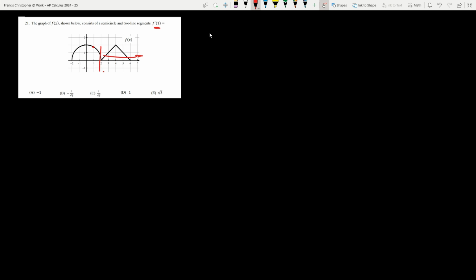And the other thing is, we don't actually know, well, we do, but it doesn't give us the explicit or implicit equation for f of x, so we need to find that out on our own. If you notice this is a semicircle, we can actually just find the equation for the total circle, which is x squared plus y squared equals r squared, where r is the radius.